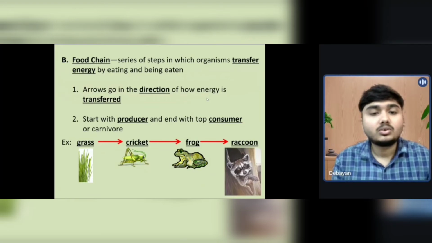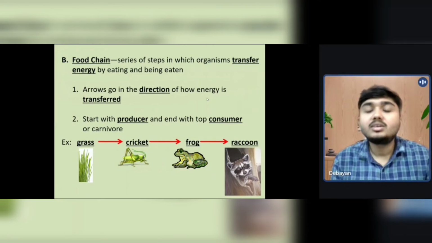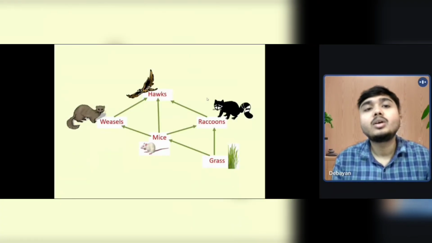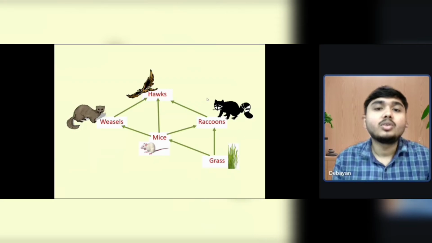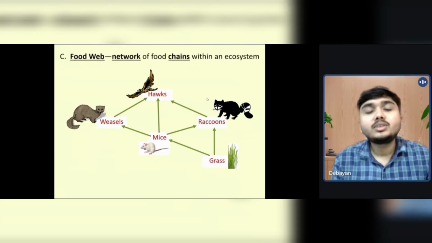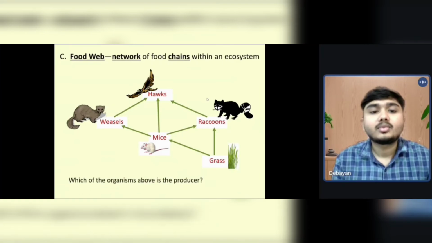So grass is an autotroph, cricket is a primary consumer, frog is the secondary consumer, and raccoon is a tertiary consumer. And a food web is a network of food chains. That means a large number of food chains is called a food web.